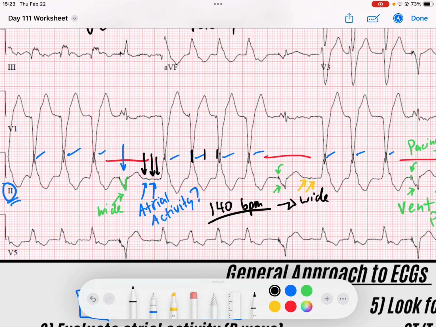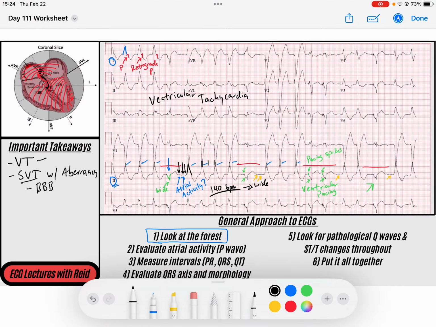No atrial activity can be seen that precipitates this rhythm. Because of that, you can say that it just started off with a ventricular ectopic beat. So that is our diagnosis. We've got ventricular tachycardia with intermittent ventricular pacing.